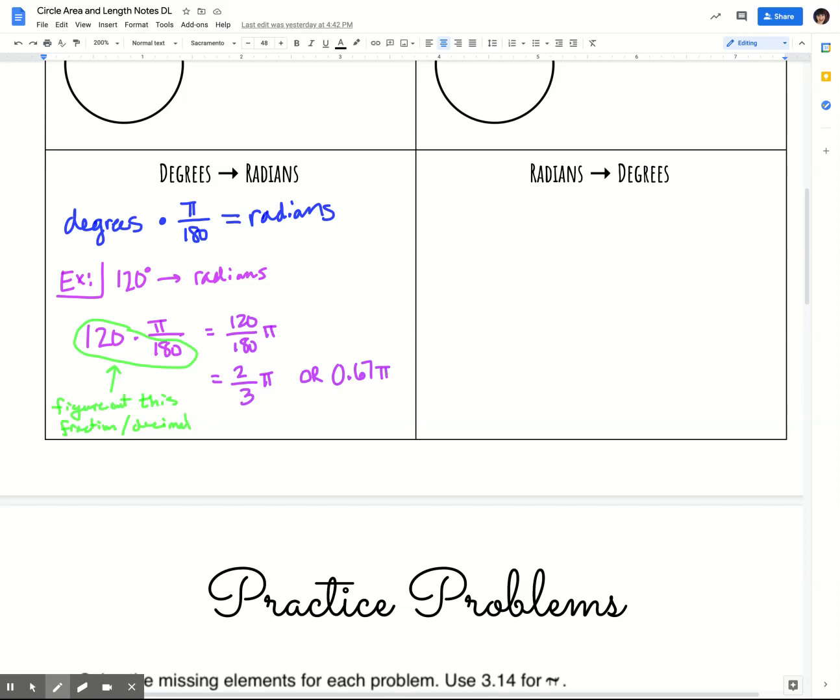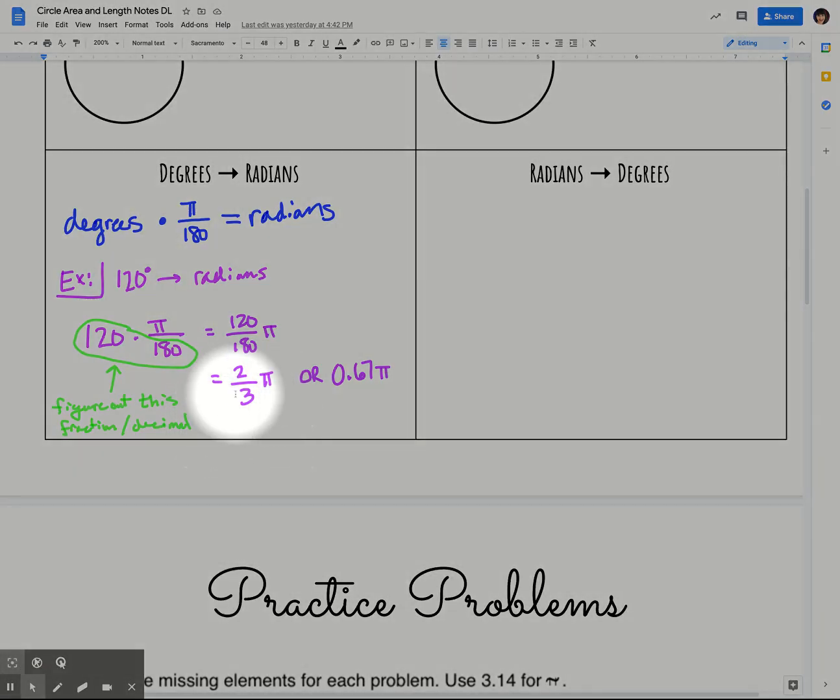Once you get to that point, you are done with the problem. You don't have to do anything else. Now, I will tell you, once you get to Algebra 2 and further math classes, the radian in fraction form is more proper than writing a radian in decimal form, but you can use either, but this is the more proper form, okay?